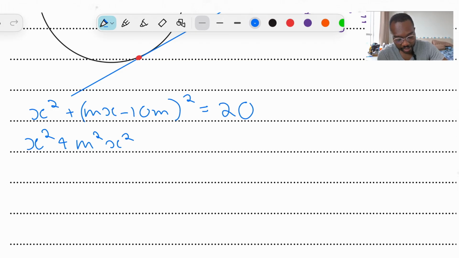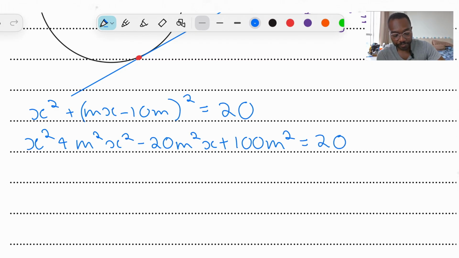Then we get mx times minus 10m, which is minus 10m squared x, minus another 10m squared x, will give me a minus 20m squared x, and then positive 100m squared, and that would equal 20. Bring everything to one side, and I'm going to start to factorize as well. So we get 1 plus m squared x squared.